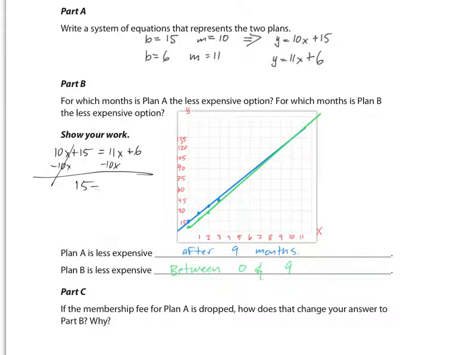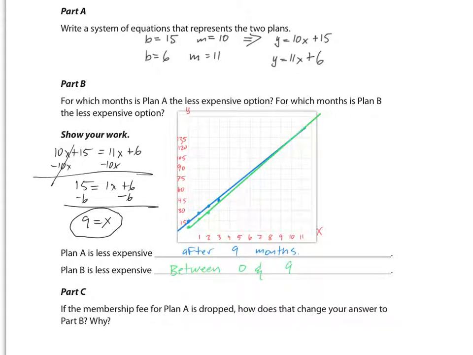You get 15 is equal to 1x plus 6, subtract 6, subtract 6, and you get 9 is equal to x. So you understand that the two lines are going to meet at 9, but you need to figure out which line will be more expensive and less expensive after 9 months. So you will have to plug in 10 and see which one gives you a higher answer, and you can plug in 0 and see which one will give you a higher answer.